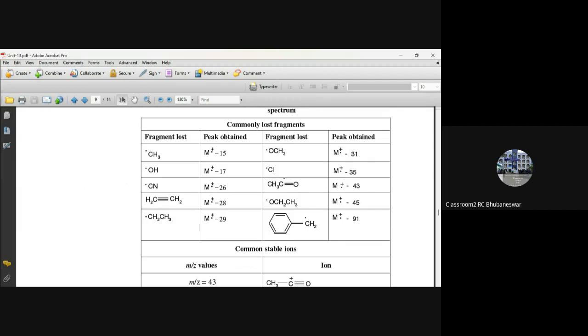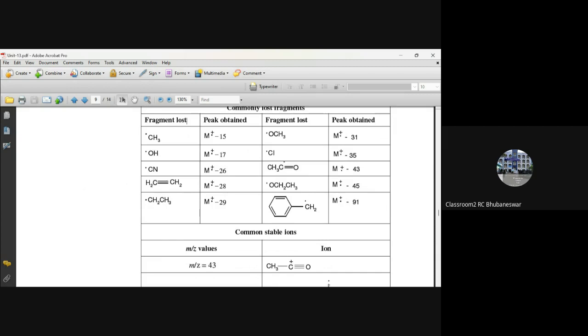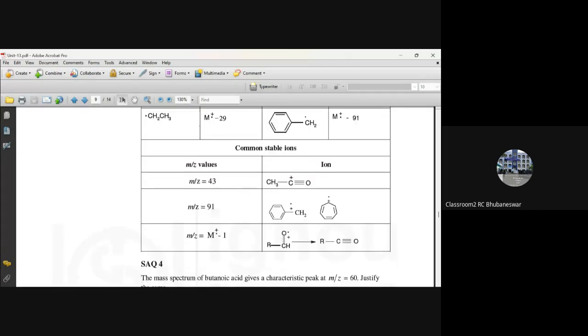Apart from that, you will get some other small peaks, which are due to the fragments created during the process of fragmentation. So these are fragmentation peaks. You can also note this information, because if a few of these are in your mind, it will help you while doing the structural elucidation.